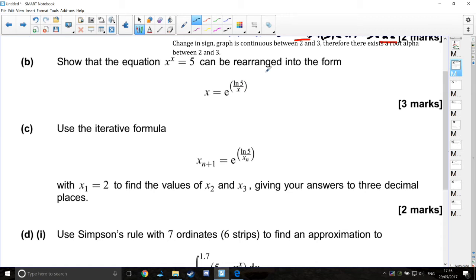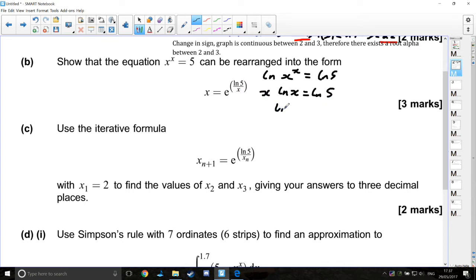So if we ln both sides of this, we're going to have ln of x to the power of x equals ln 5. Okay, so we've got our ln 5. I'm going to just drop this x to the front of that ln using one of the laws of logarithms. So now we have x ln x equals ln 5. Okay, and now we can get this divide by x that we've been looking for before.